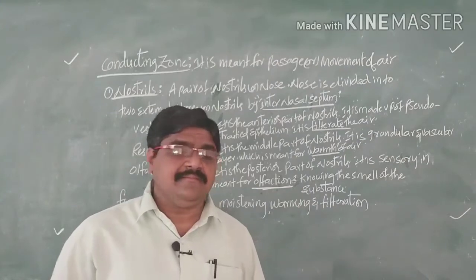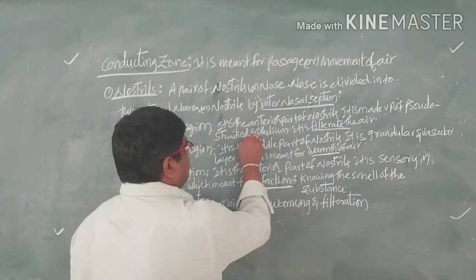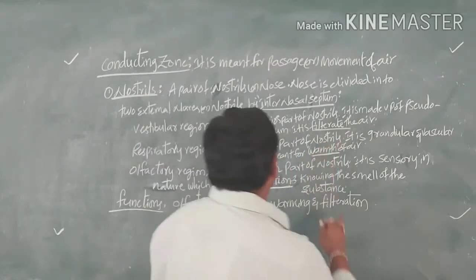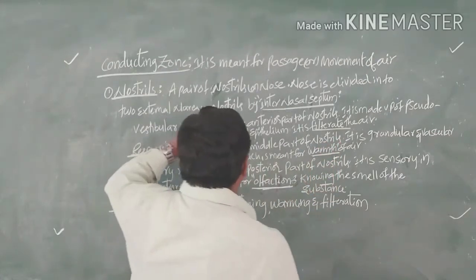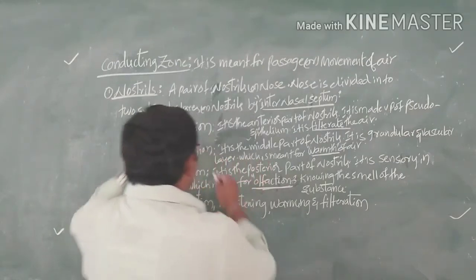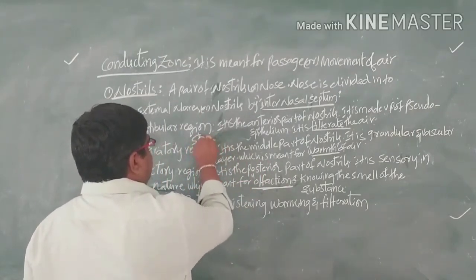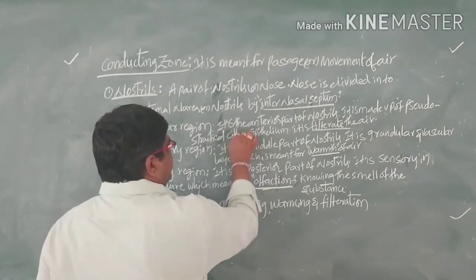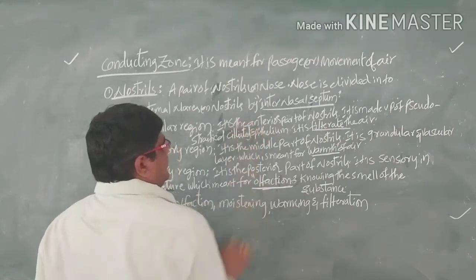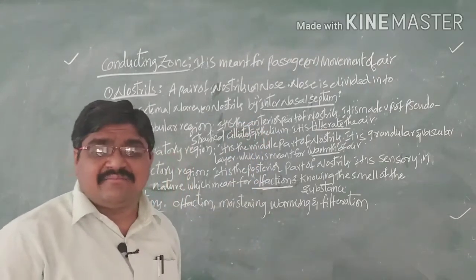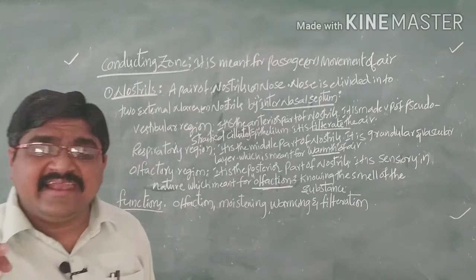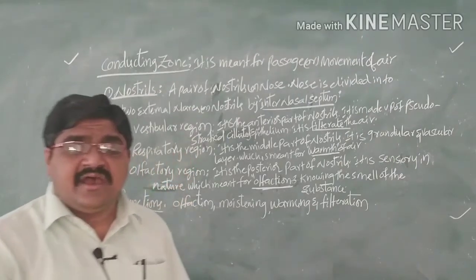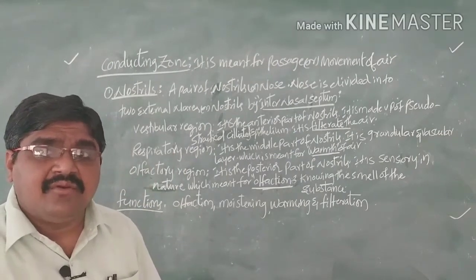So hair-like structures are present, and these are meant for filtration. That is the main function performed by the nostrils.